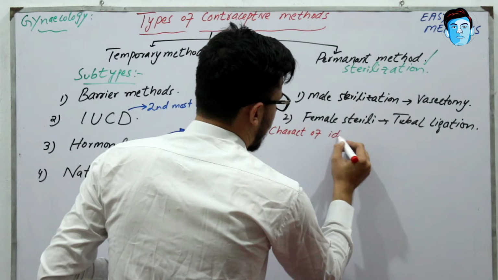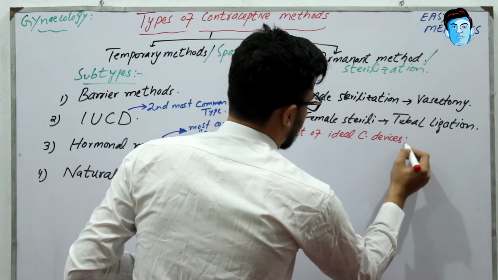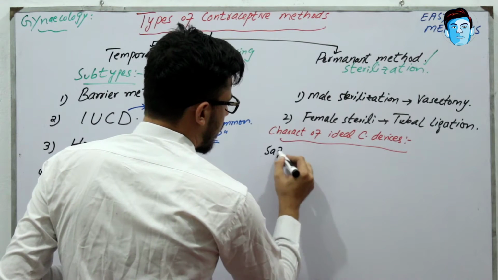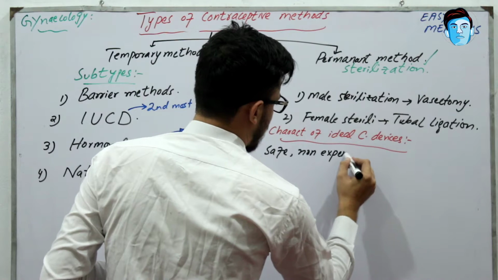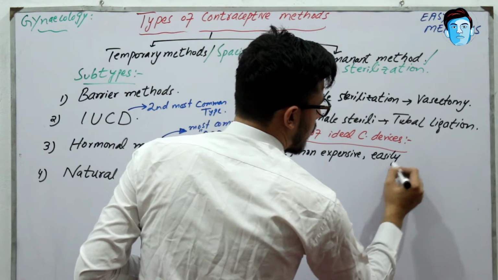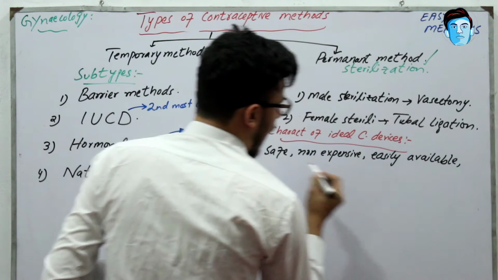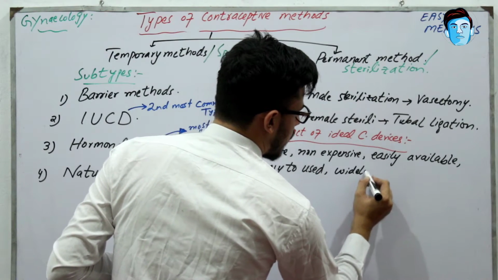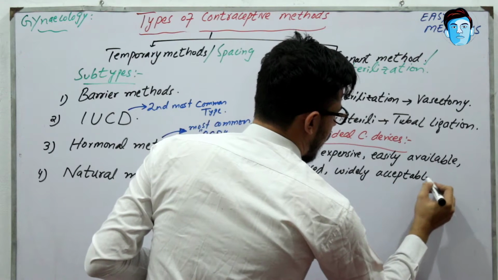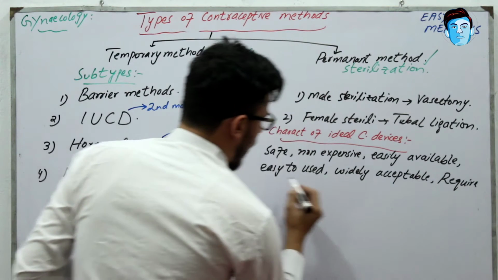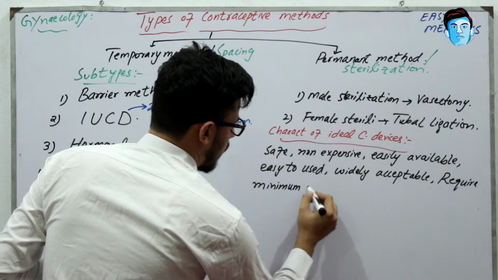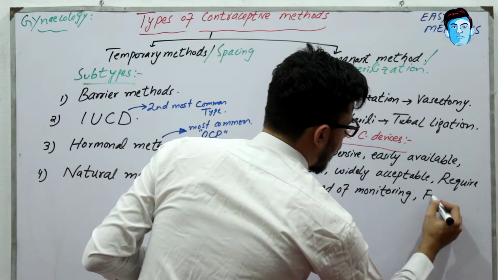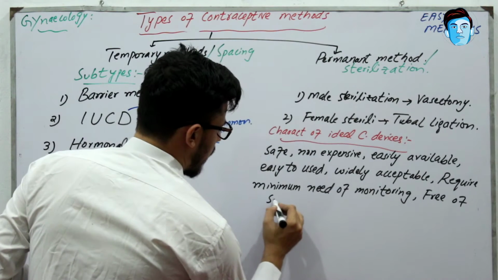Certain characteristics are that it should be safe, non-expensive, easily available, easy to use, widely acceptable, and require minimum need of monitoring, and it should be free of side effects.